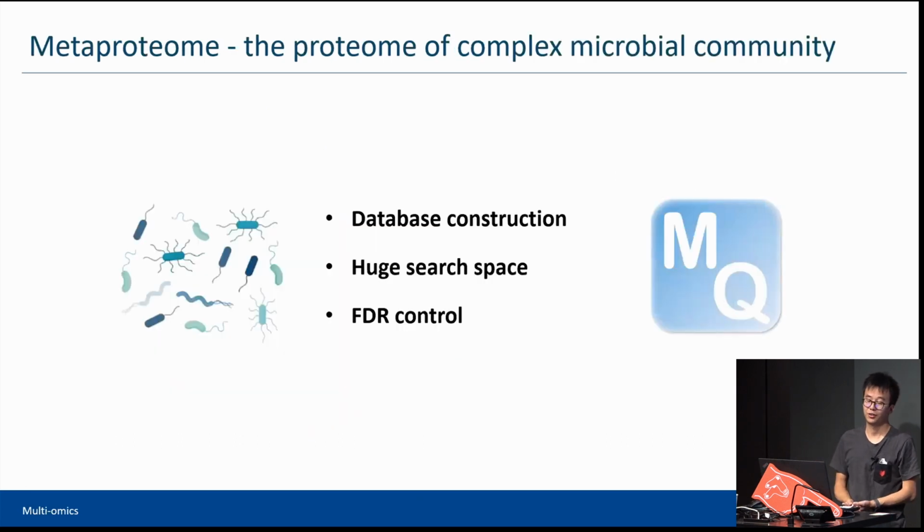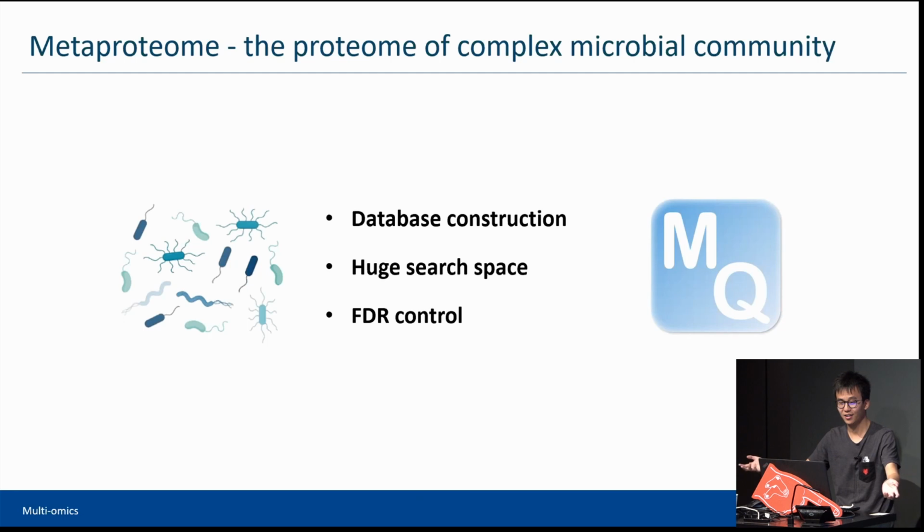Here we're trying to study the metaproteome, which is the proteome of complex biological microbial communities. It's really challenging. First of all, for a microbiota sample, you don't really know the composition of it, so it's very hard to construct a proper protein database.